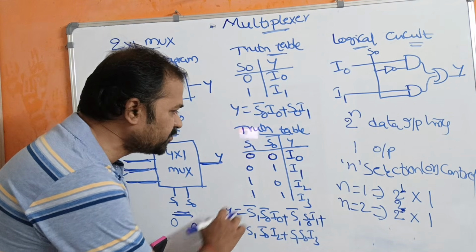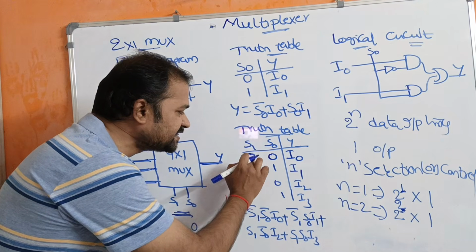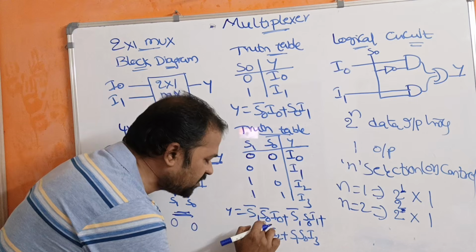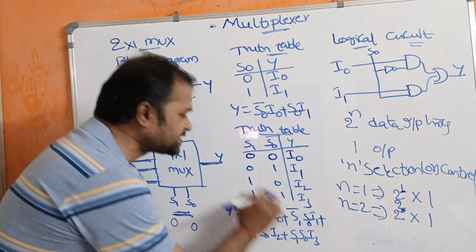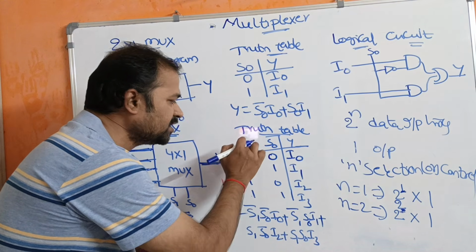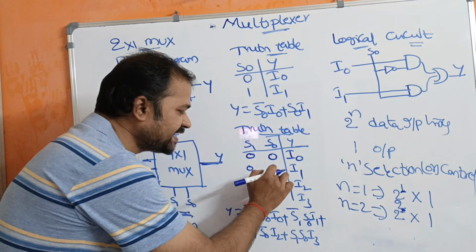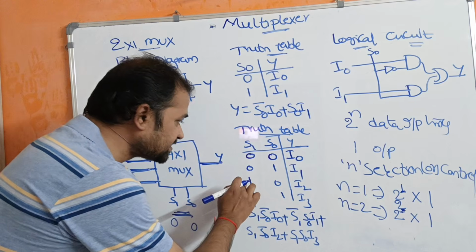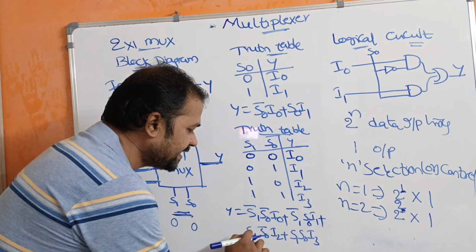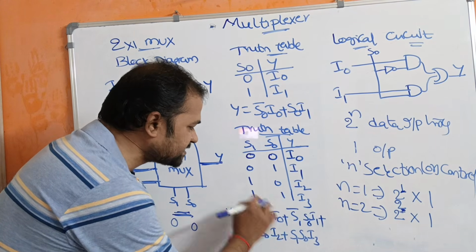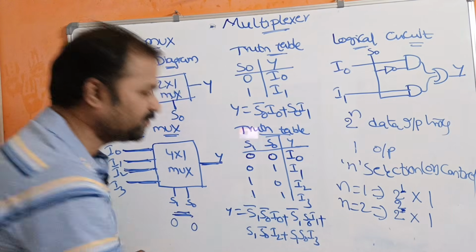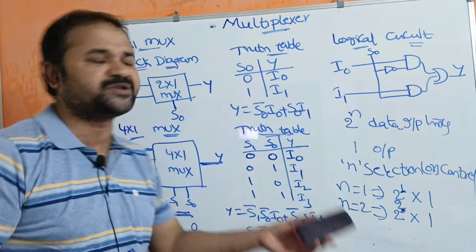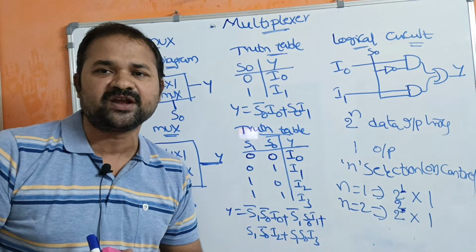Y is equal to S1 bar S0 bar I0, plus S1 bar S0 I1, which is the second term, plus S1 S0 bar I2, plus S1 S0 I3. This is a sum of products. Next we have to draw the logical circuit. Let us draw it after discussing the 2 by 1 multiplexer.